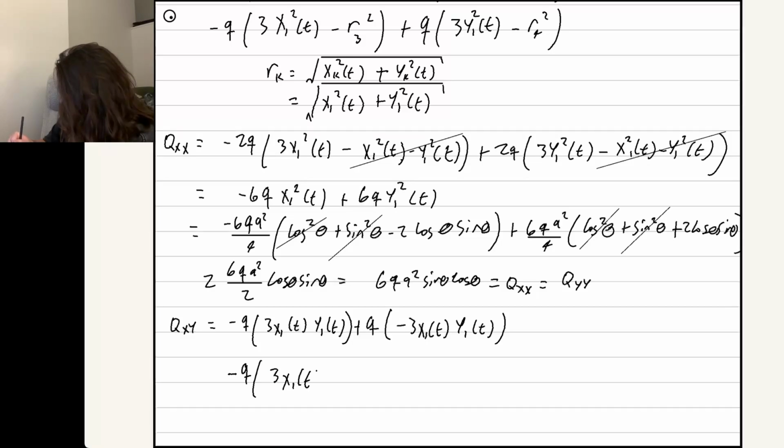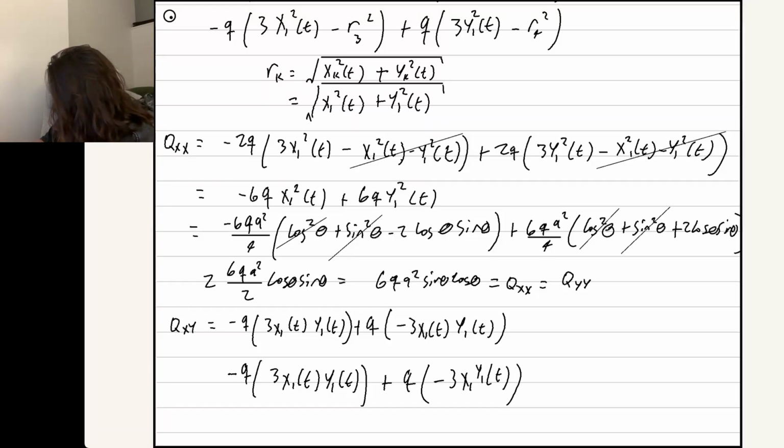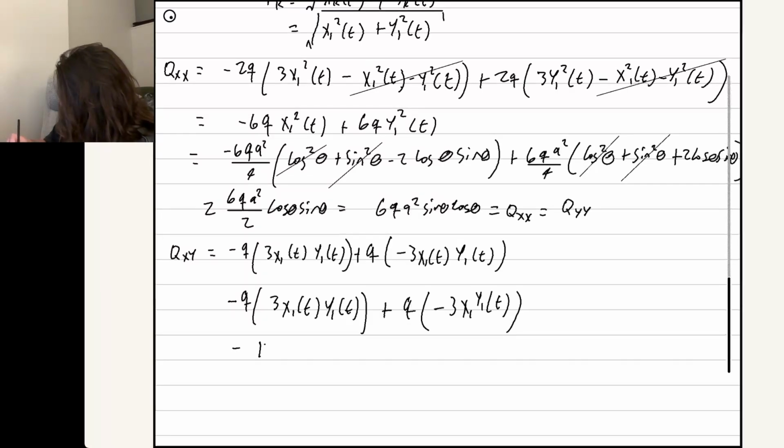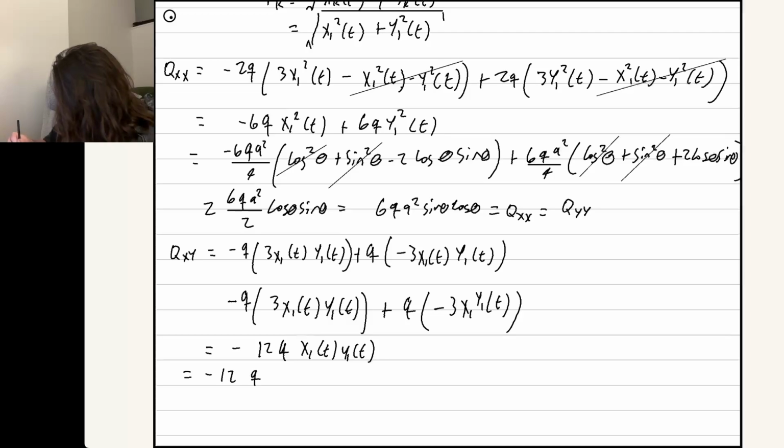You have an overall minus sign in here, and then you have a plus q, and then again an overall minus sign on that. So they all just add up together for a minus 12q x1 of t, y1 of t, which is going to be minus 12qa squared over 4.